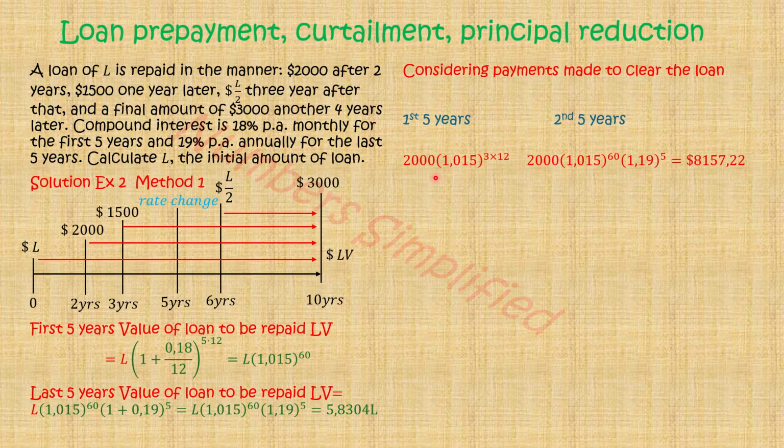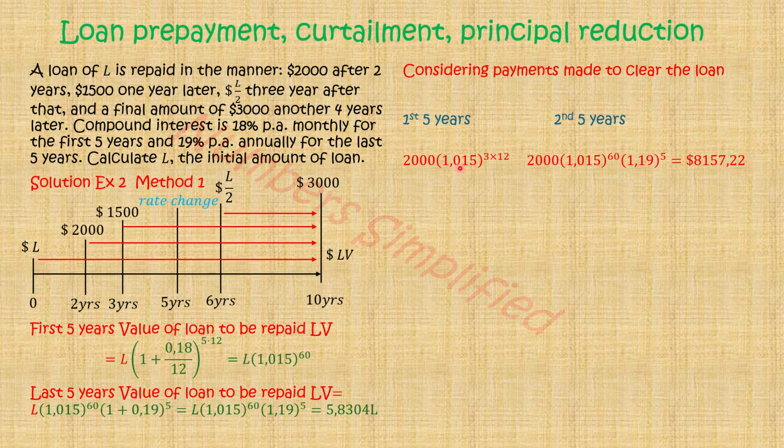Therefore, we are going to have the 2000 times 1.015, and this is where we have added 1 with 0.18 divided by 12. We simplified that to get 1.015, the same as the one that we obtained for the value of the loan in the first 5 years inside the parentheses.